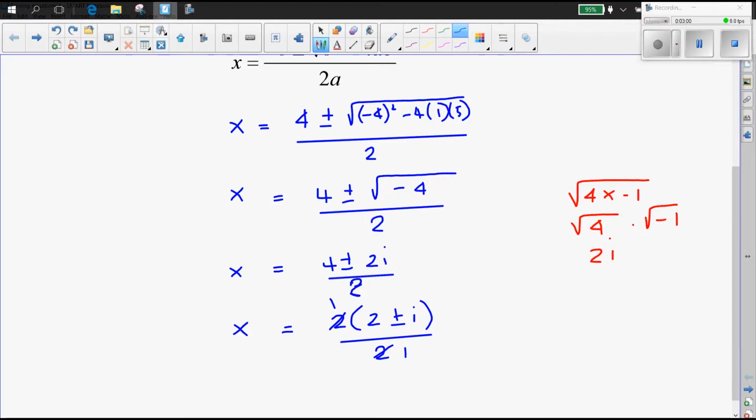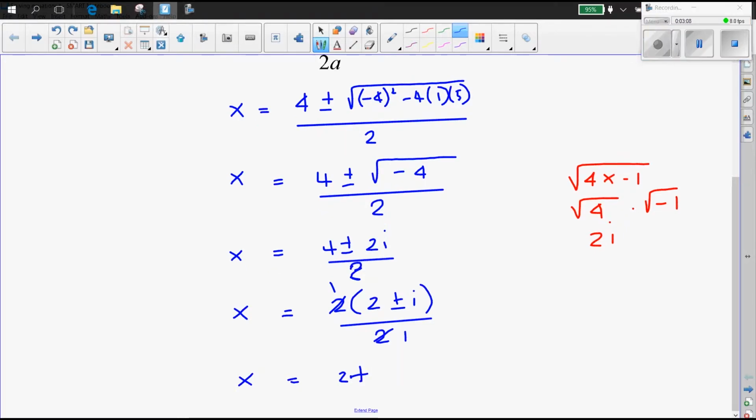So we have x equals 2 plus i, or we have that x equals 2 minus i. So these are the solutions to my quadratic equation.